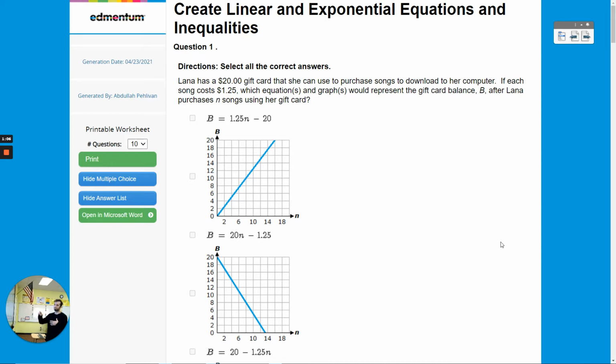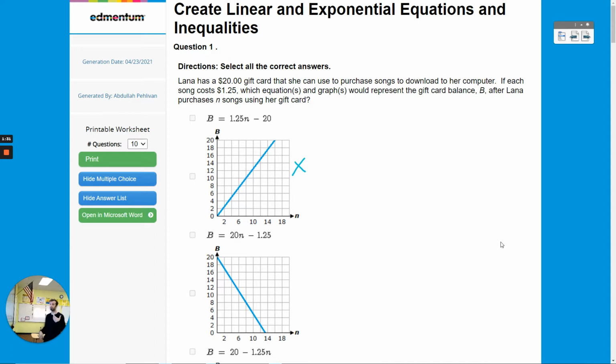The first graph is going up, the amount is increasing. I'm not even checking the numbers, I'm just thinking about the logical aspect of the question. If you have a $20 gift card, and for each song she's going to pay something, then she should have less than $20 in the end. So this graph does not look right because it's going up.